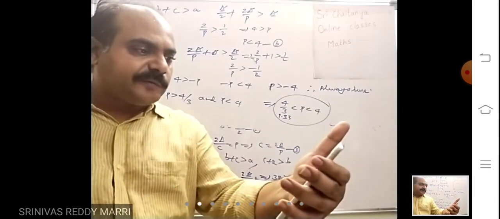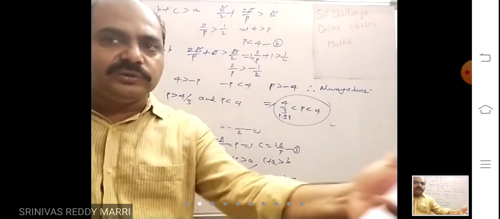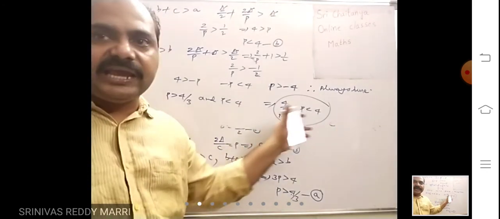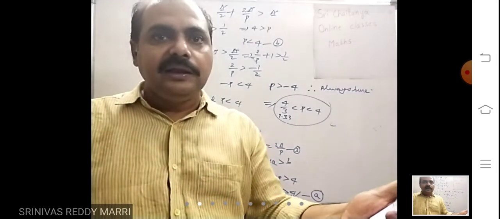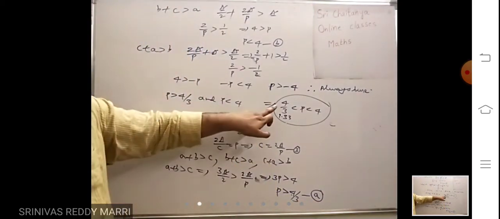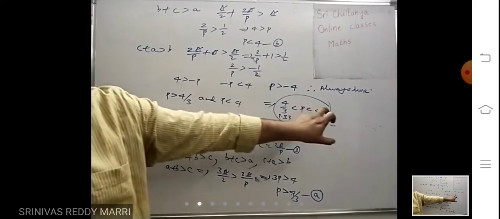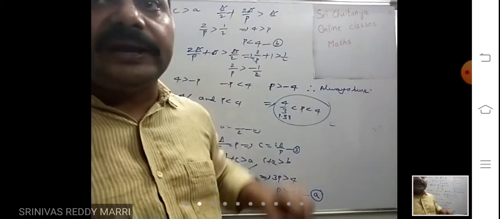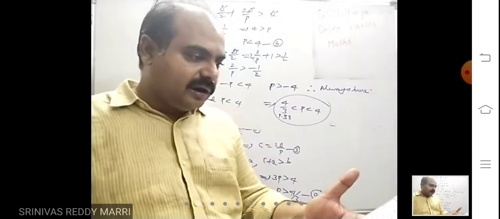So therefore first option A, the value of P can be 2, is correct because P is lying between 4 by 3 and 4. Now if you look at option B, the value of P can be 4 by 3. It cannot be possible because P must be greater than 4 by 3. If P is 4 by 3, it will not form a triangle. So the second option is wrong.